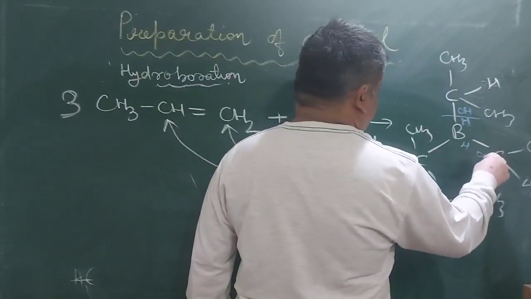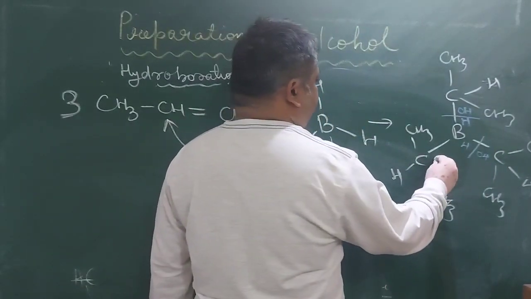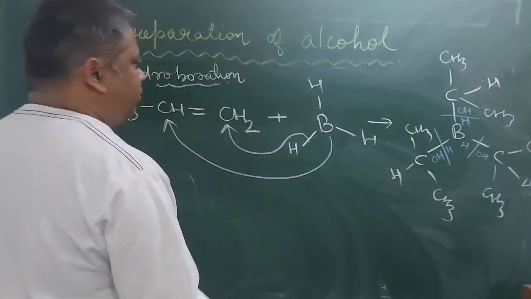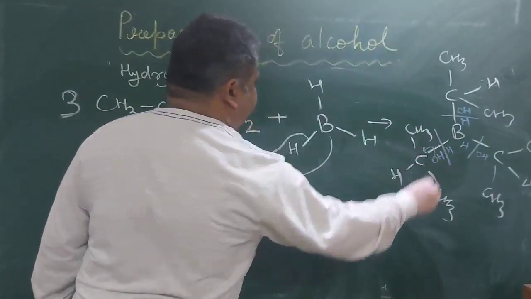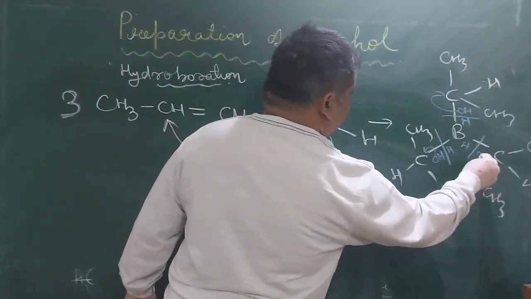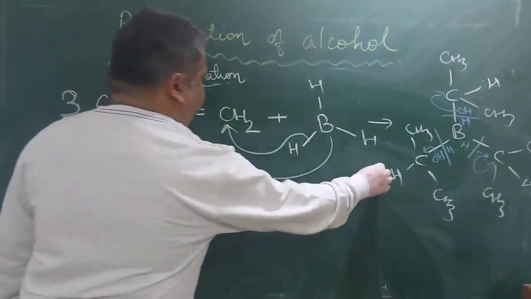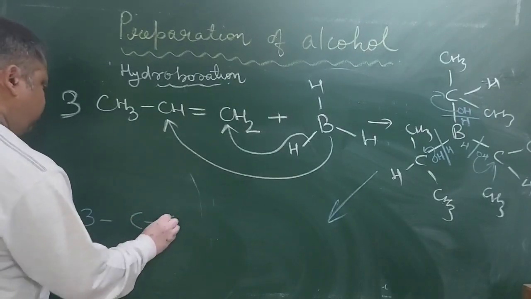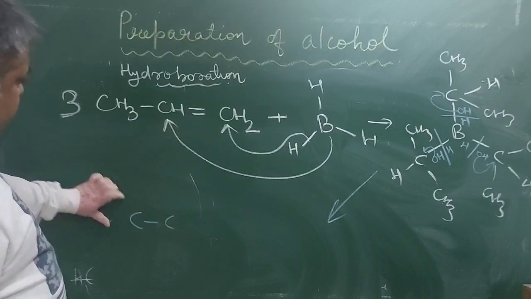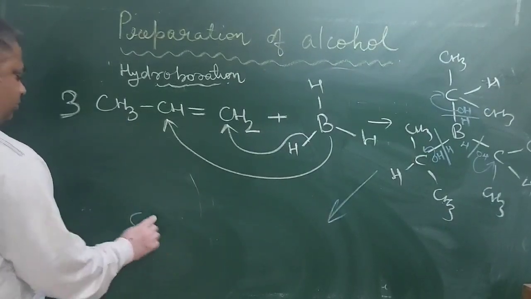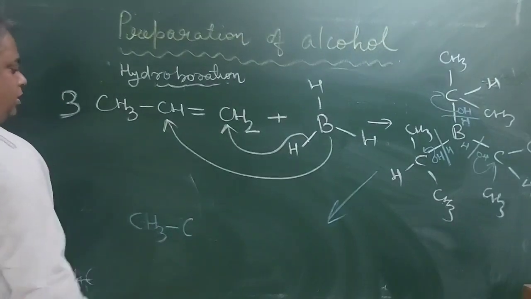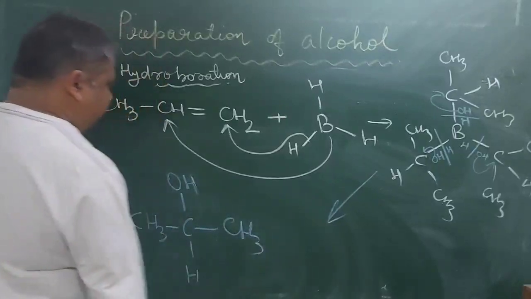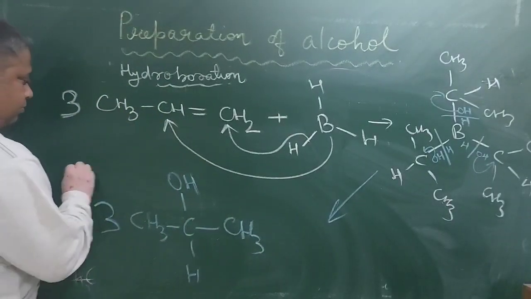One H here, one OH here breaks. One OH here and one H here breaks. So what will be formed now? Each of these OH will join here. So it will form 3 CH3 CH OH CH3. How many times? 3 times.